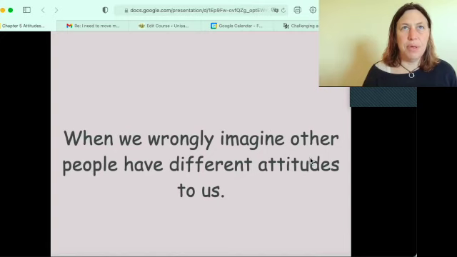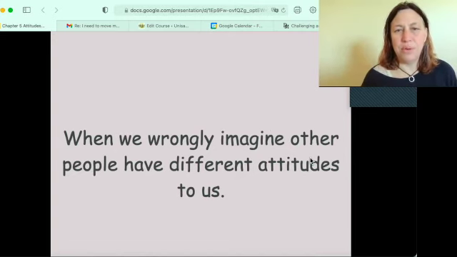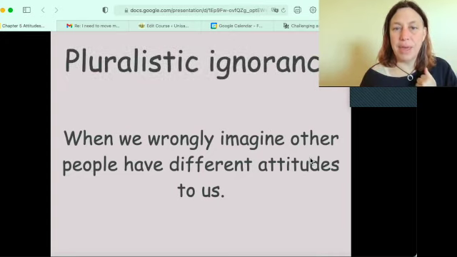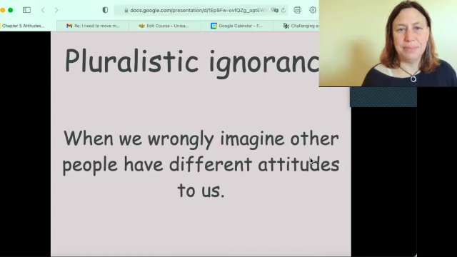I think of Shakespeare, I think of various operas, but just about any comedy, this is going to come into play, and in some tragedies. It's called pluralistic ignorance. Pluralistic ignorance.